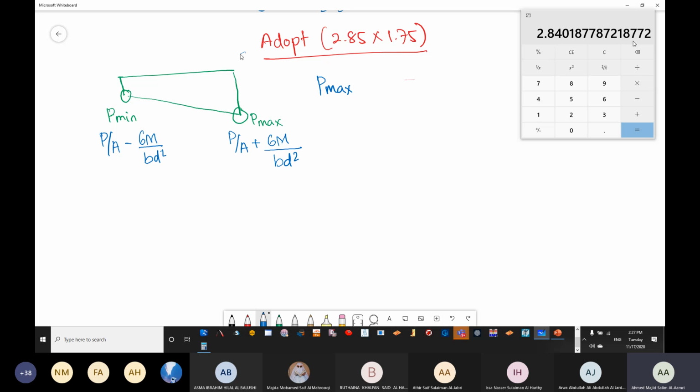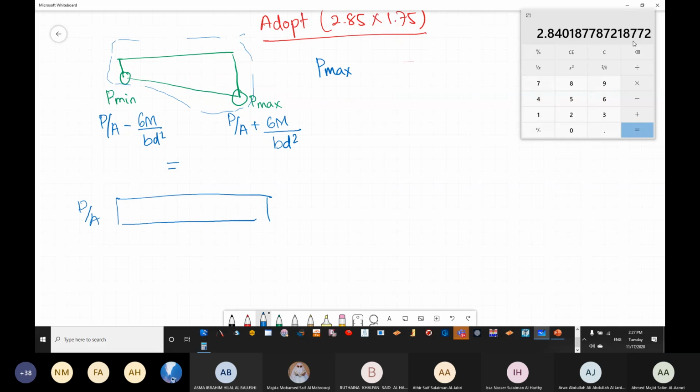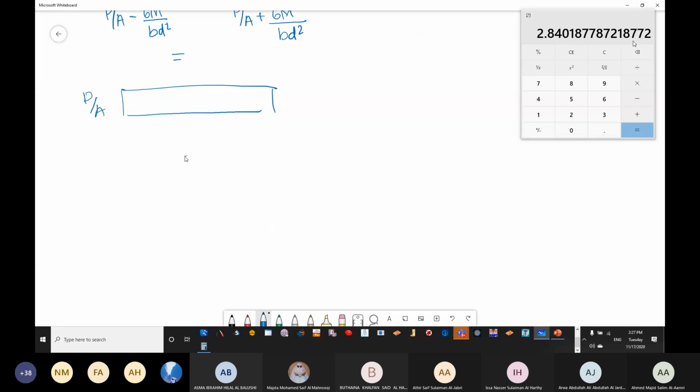If a person is asking where this is coming from: P over A, in case of a center load, you are having it P over A. In case of having a moment, then it is going to be in this shape.